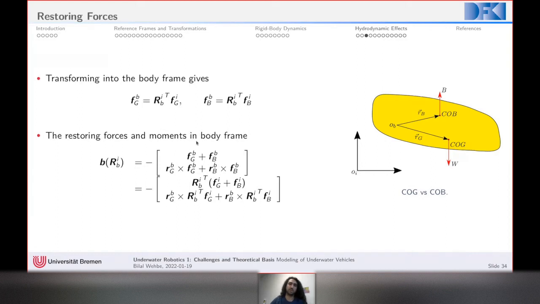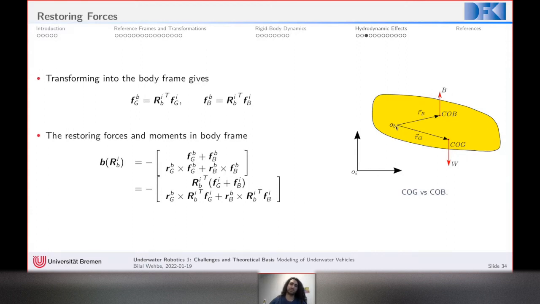Exactly, so the forces are just going to be the summation of those two terms. This is the force that they will exert with respect to the center OB, and the moment or the torque that these two forces will exert with respect to this point are basically nothing but the vectors, this RB and RG, crossed with the force.